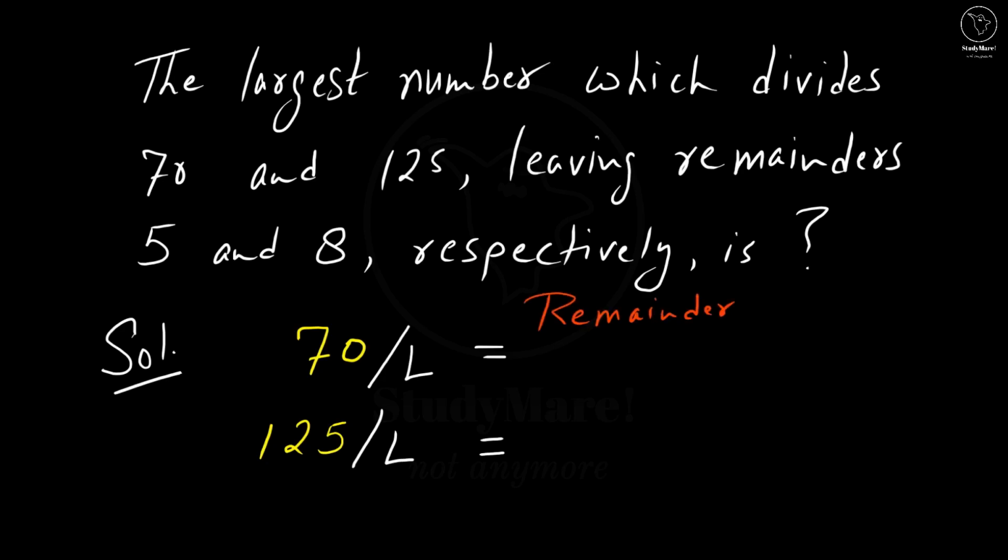What is that remainder? It is given that in the first case, when we are dividing 70 by this number, we get a remainder of 5. And when 125 is divided by this number, we get the remainder as 8. Now, how did we conclude that 5 is the remainder in the first case and 8 in the second case?